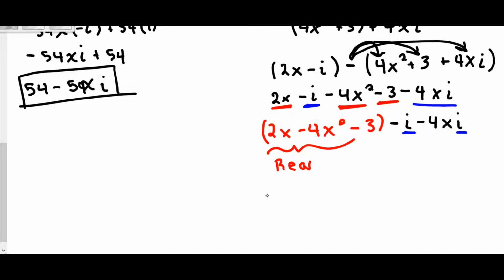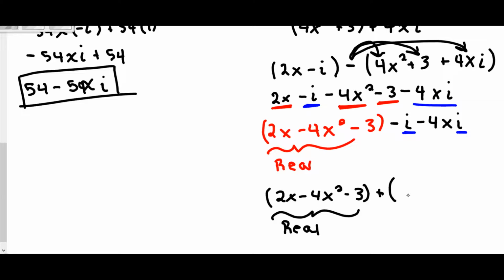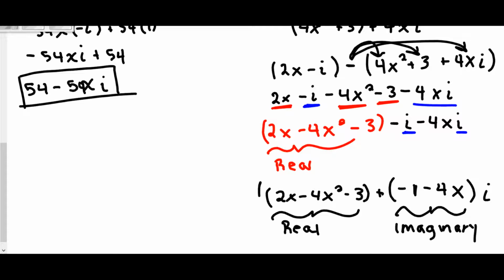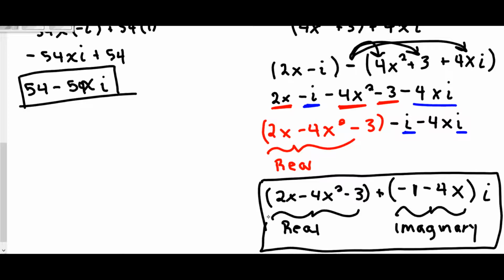So our answer turns into 2x minus 4x squared minus 3, which is just some real number because there's no i's in there, so that's our real component, plus negative 1 minus 4x times i. So all I did was just take out that i. So this, because it's attached to our i, is our imaginary component. I know that's not how you normally see a plus bi form, but it is a complex number and it is in a plus bi form. It just looks a little different because we have that x in there.